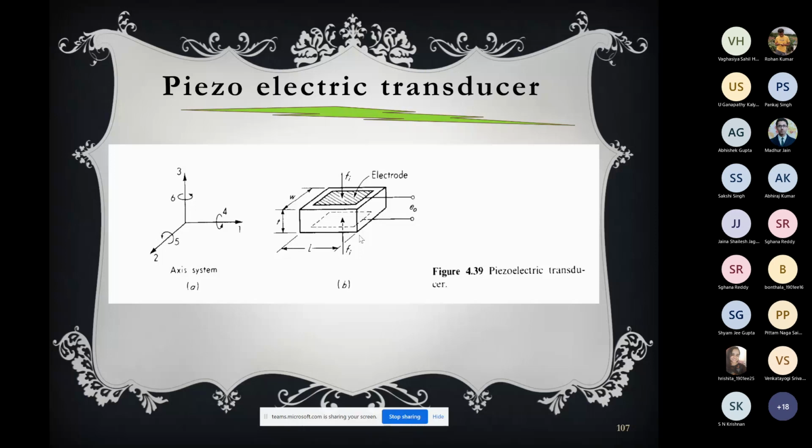So when you deform some solid material, it generates electric charge, and reversely, when you give electric charge or EMF, these materials get deformed. This effect is known as the piezoelectric effect. Before knowing the piezoelectric transducer, you need to know the piezoelectric effect. The materials which exhibit this effect are known as piezoelectric materials. So it is clear.